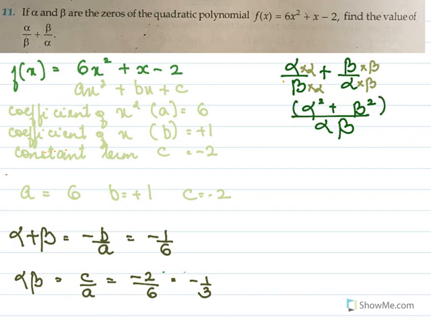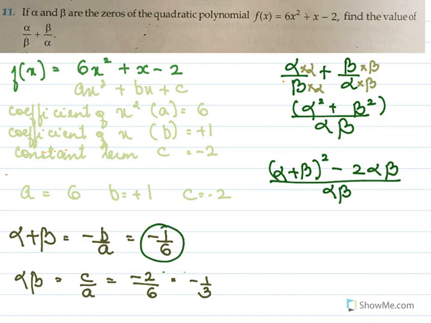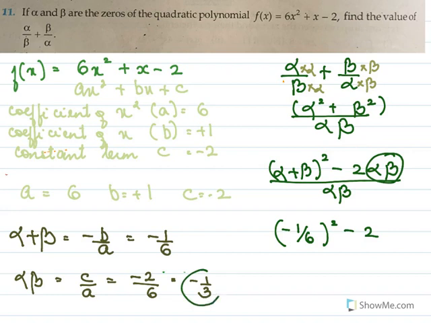Now if you recollect the earlier slide, I told you alpha square plus beta square is alpha plus beta the whole square minus 2 alpha beta, over alpha beta. Now let's put the values. Alpha plus beta is minus 1 by 6, so here we'll put minus 1 by 6 the whole square. Alpha beta here is minus 1 by 3, so this is into minus 1 by 3, over alpha beta, minus 1 by 3.